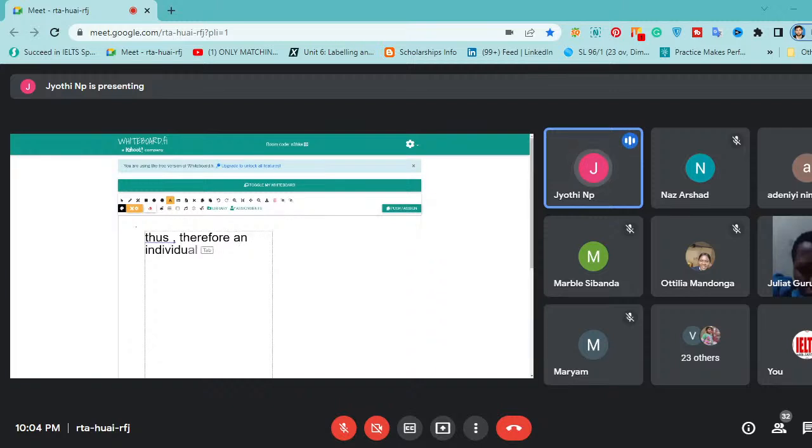An individual can perform his or her task at the snap of a finger, at his or her fingertips, whatever it is.